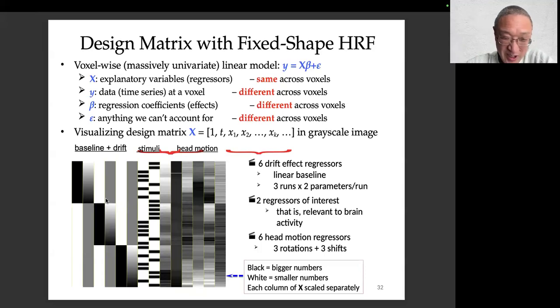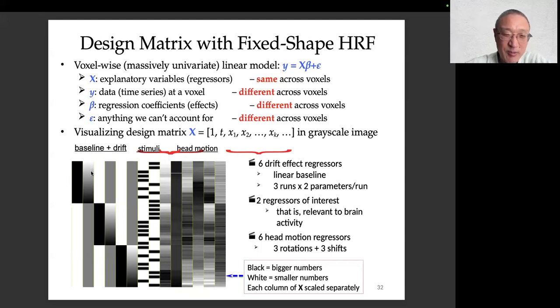Why 6? That's another question. In this case we use linear drift, just the first order polynomial. We don't go beyond, we don't have a quadratic or cubic. So each run will have 2 terms. The first is the baseline.